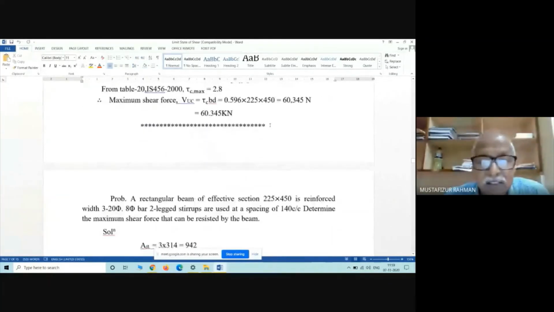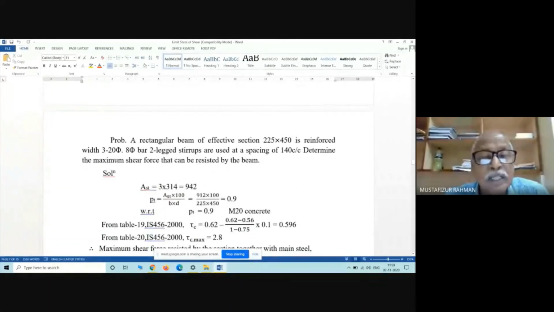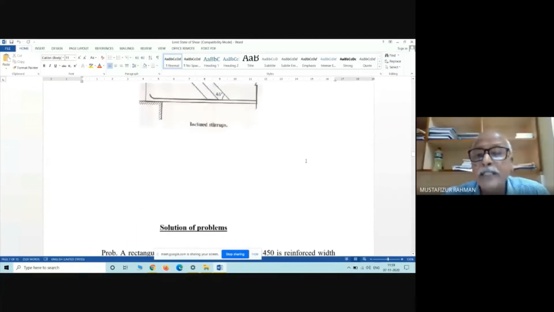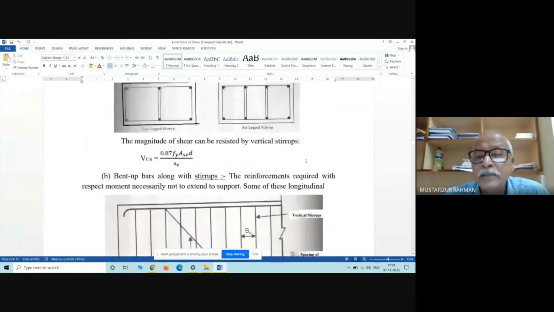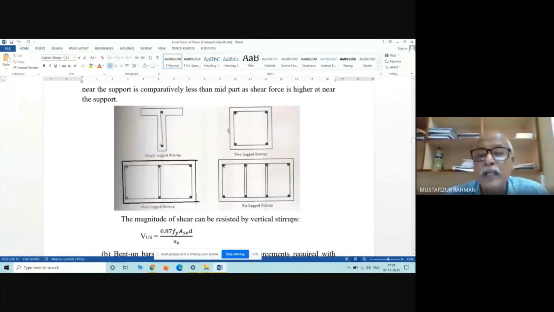Same problem. The only thing is that 8 mm Tor bar 2-leg stirrups are used at a spacing of 140 center to center. Determine the maximum shear force. Now see, 2-leg means this figure is 2-legged.